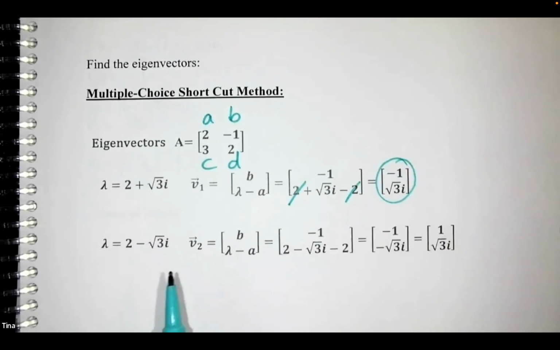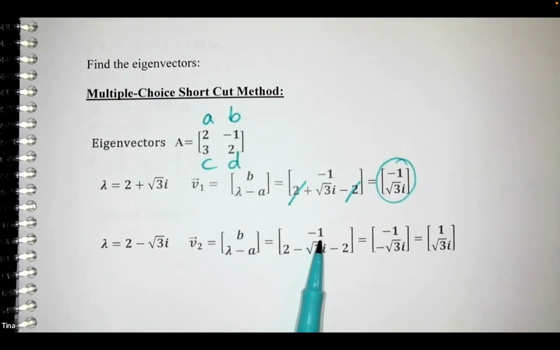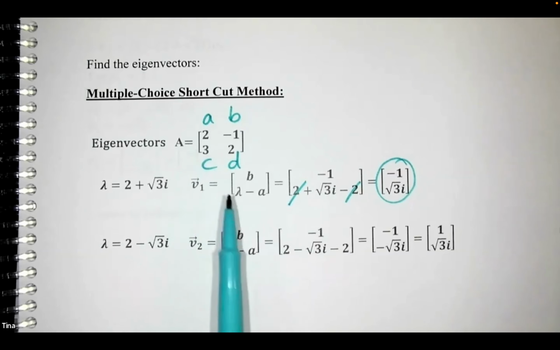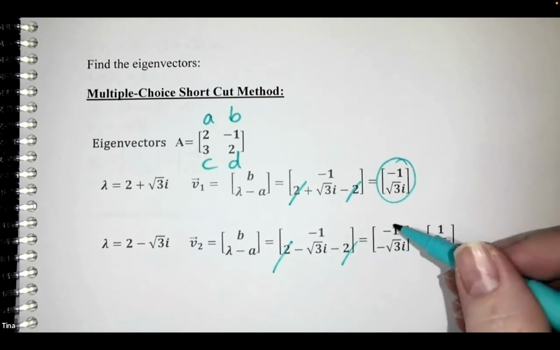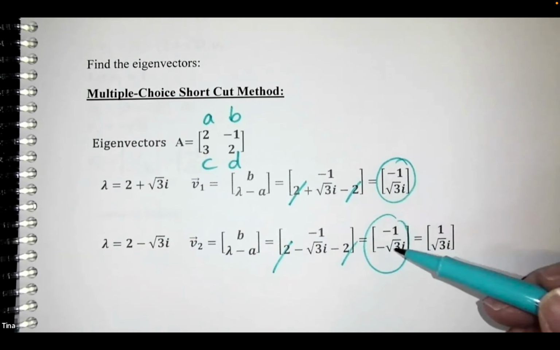If we do the other complex conjugate, 2 minus root 3i, b is on top, b is negative 1, all over lambda minus a. So 2 minus root 3i minus a, which is 2. And notice, really, these are the same.